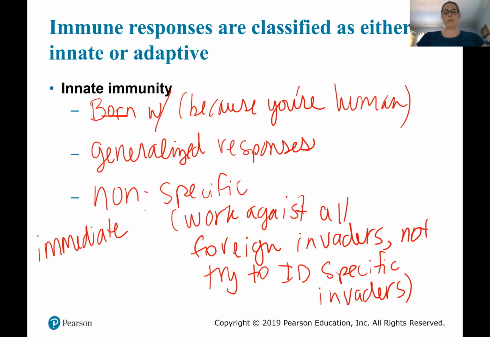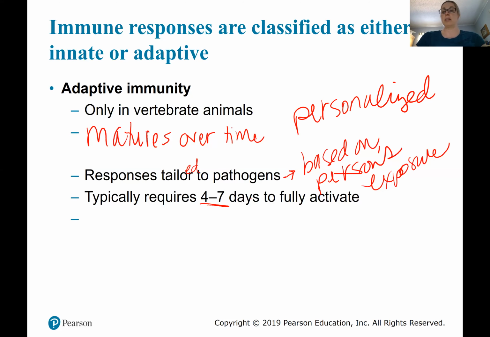Now innate immunity happens very quickly, it's immediate. Whereas adaptive immunity takes a few days to get going, takes a little bit longer. But the good thing is that it has memory. So when I'm exposed to something, my body remembers what that is, and this response time can be a lot quicker, and it provides some protection for me.